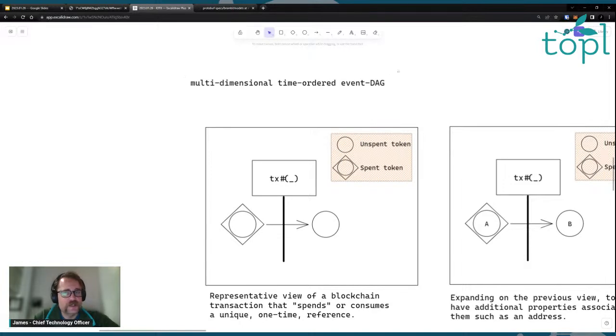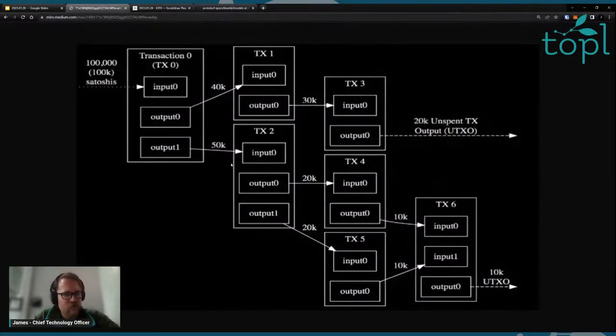You're just like, James, what the heck is that, man? So we covered what a DAG was just a second ago. If we boil it down, it's just a graph that has parent-child relationships and no cycles, right? Which is exactly the system for cryptocurrencies and other consumable reference type ledger systems.